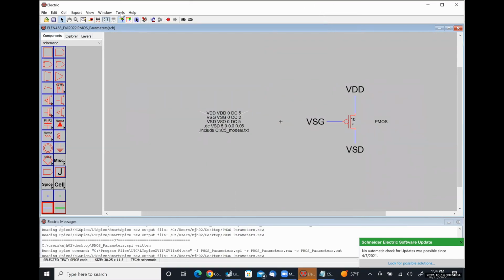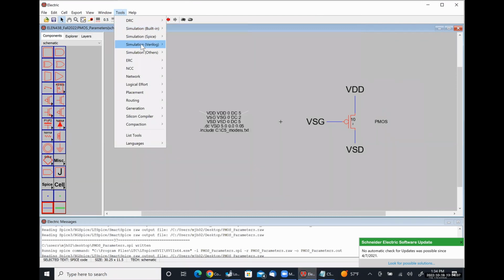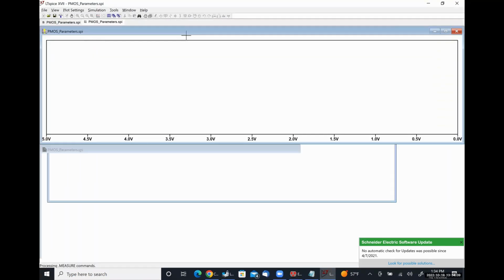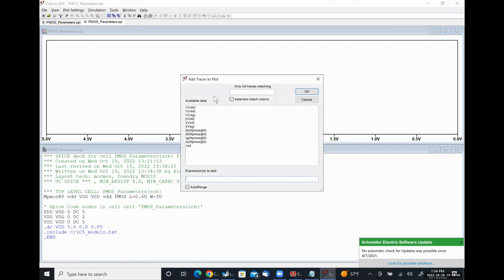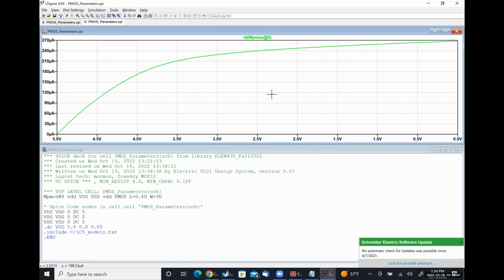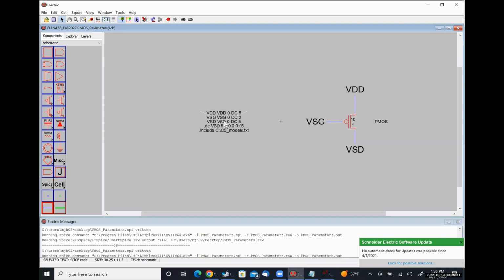Get rid of that. My concern here is that we're not really hitting that linear range particularly well to get anything for our lambda parameter. So let's change that to 3.